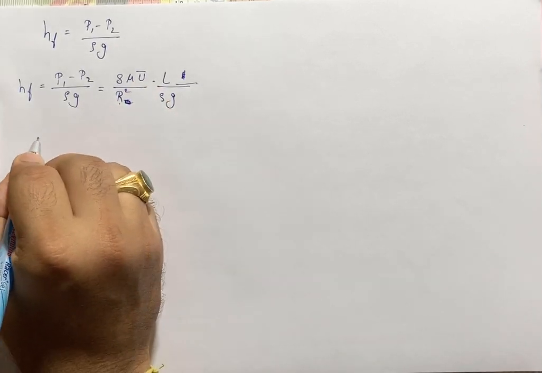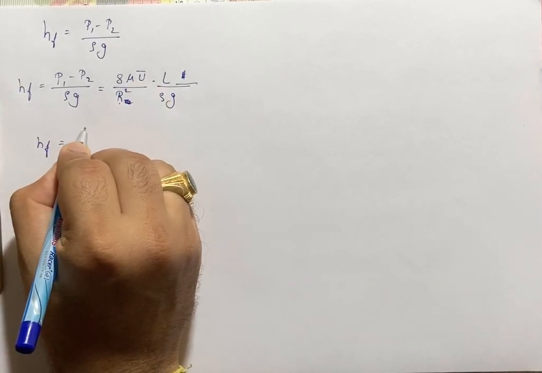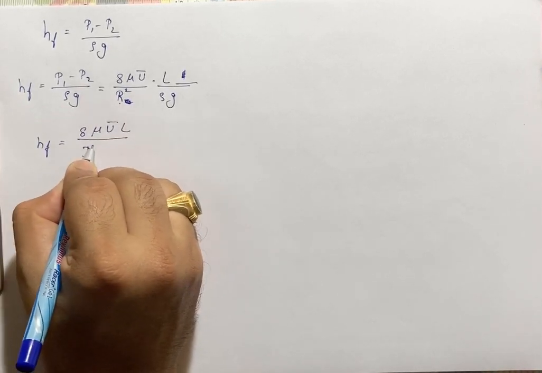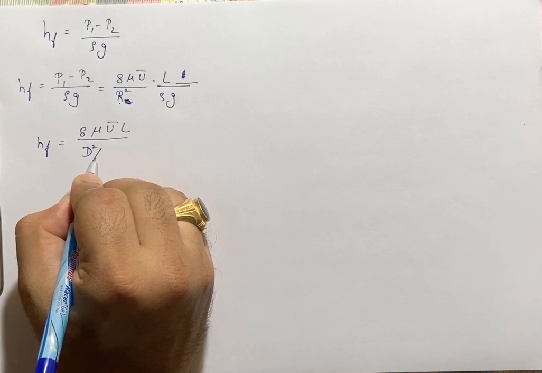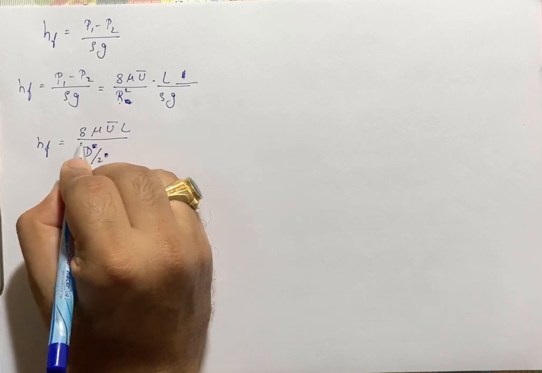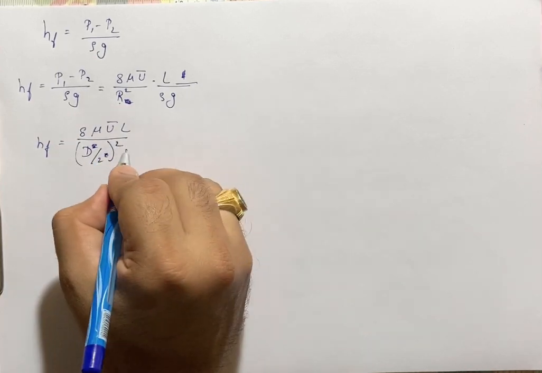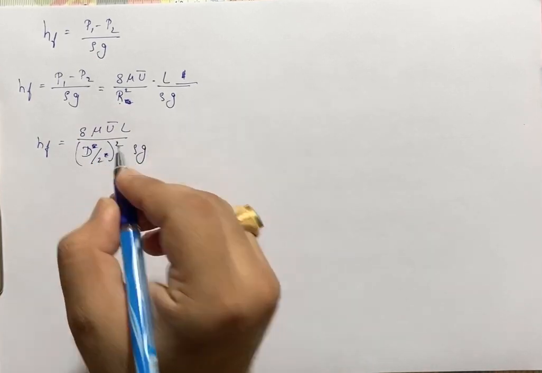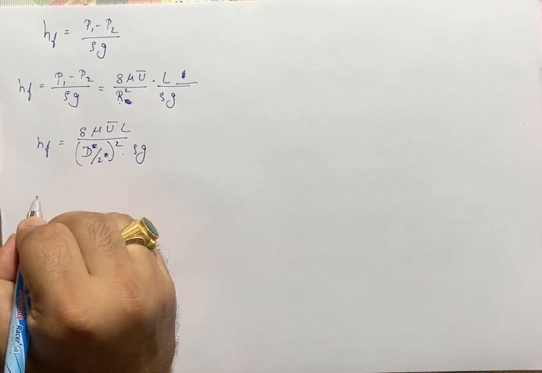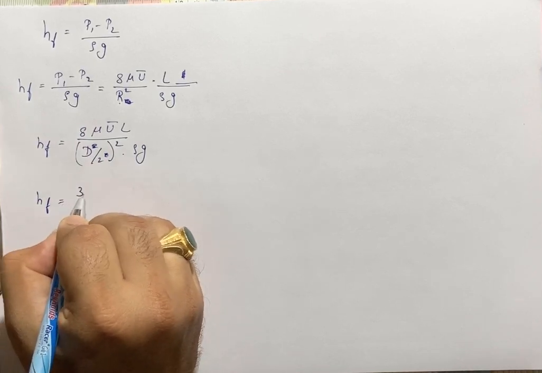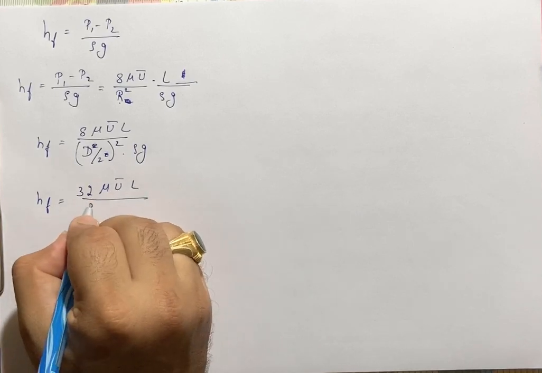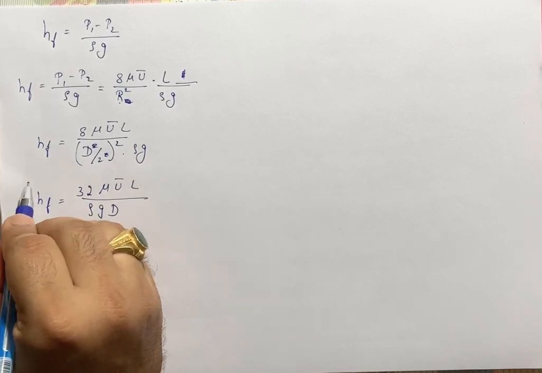I can write this as hf is equal to 8 mu u bar L divided by d by 2 whole square into rho g. d by 2 whole square, that is 2 square, will be 4. 4 into 8 is 32. Right? hf is equal to 32 mu u bar L divided by rho g into d square.